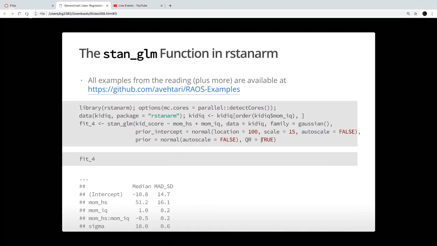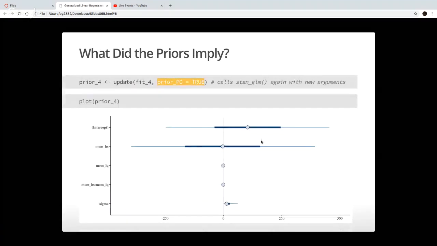And then when you see this, it's a result of untransforming the transformation that it did before, so that your priors are with respect to the original untransformed, uncentered, unscaled predictors.